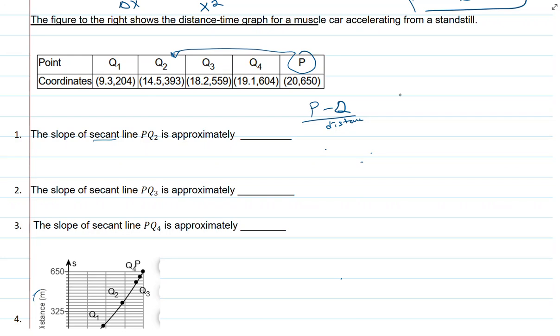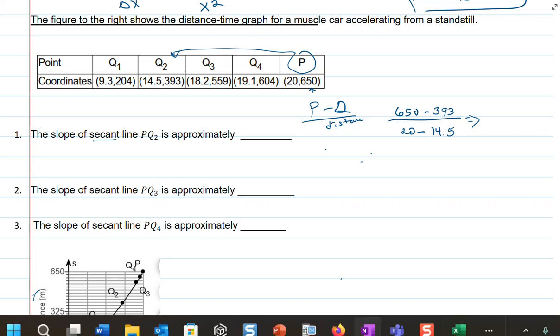So here we go. We're going to put the 650 of this and subtract the 393 and then do 20 minus 14 and a half. Okay? Does everybody see where I got this? It told me P is the end from that part. Is everybody good? All right. So then we would do simple math.